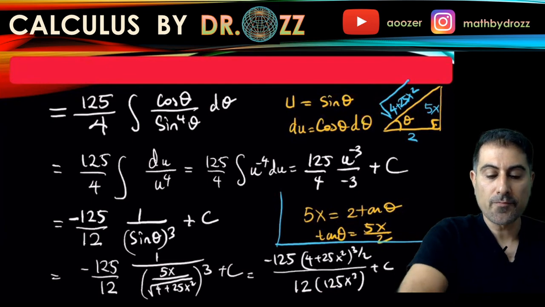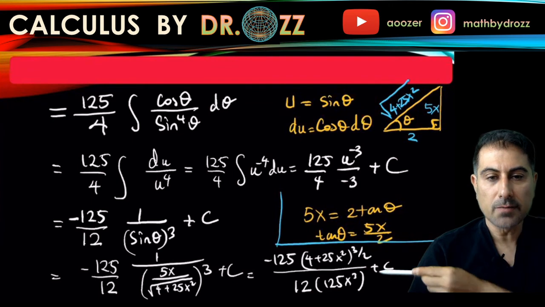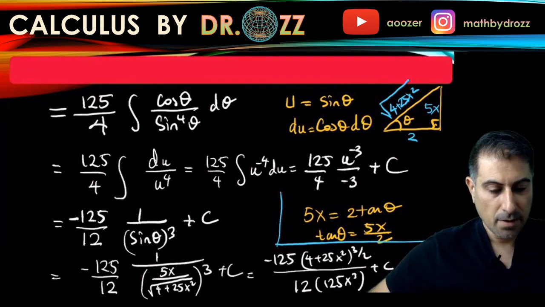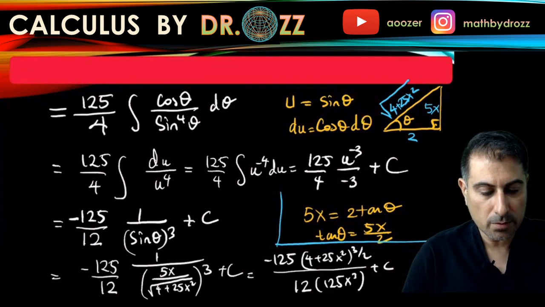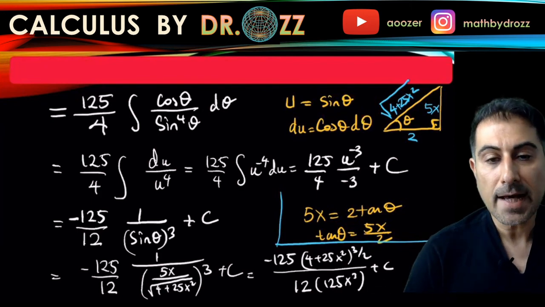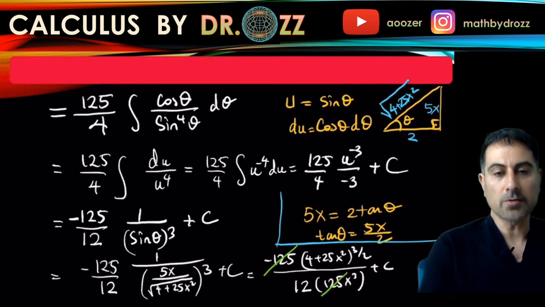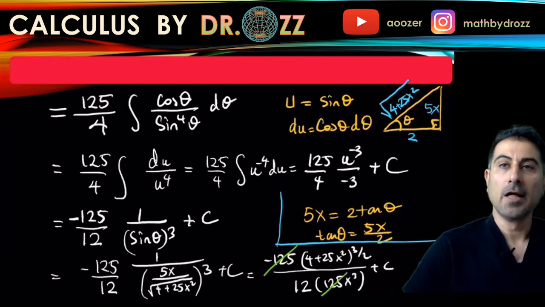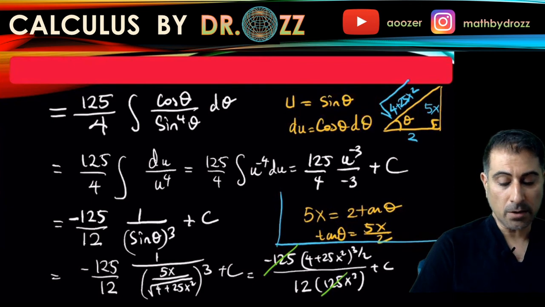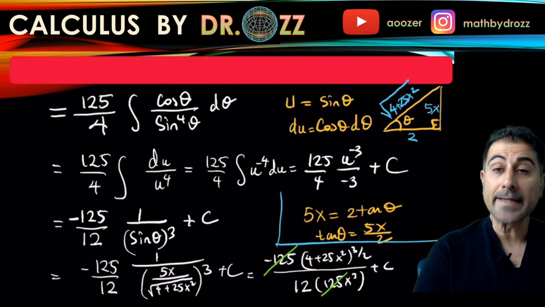And as you see, I can cancel out the 125's here. So you have minus 4 plus 25x squared to the power of 3 halves divided by 12x cubed, plus c, as the final result of the integral in part A.